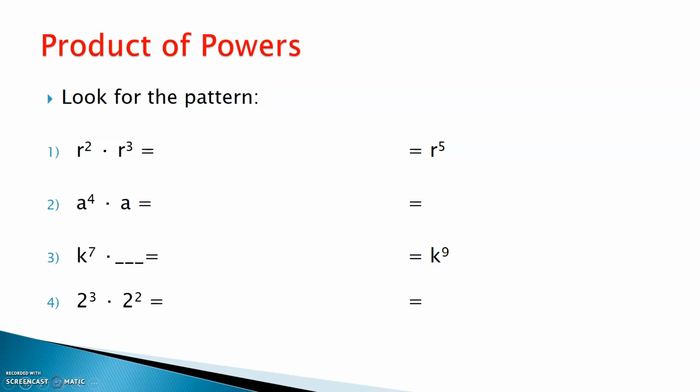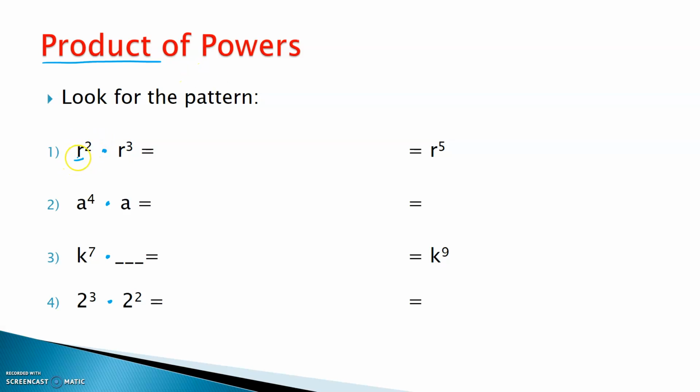All right, let's take a look at the first property, called product of powers. Product is just a fancy way to say multiply. I'll show you a few examples; let's see if you can spot the pattern. For product of powers, I'm multiplying r to the second.